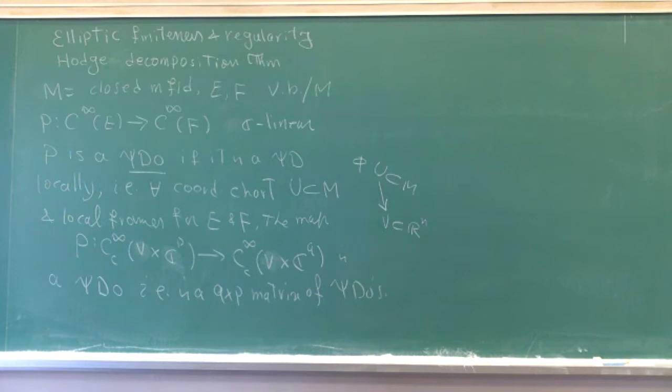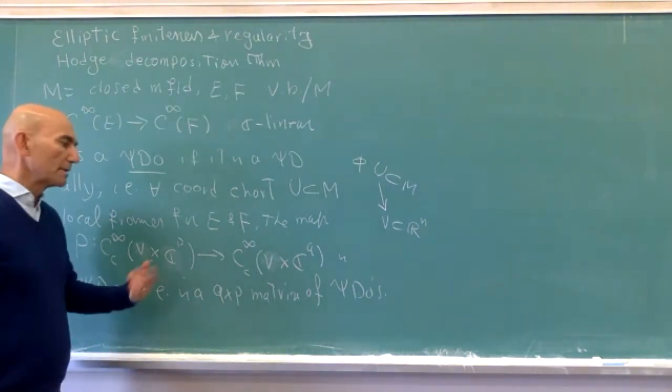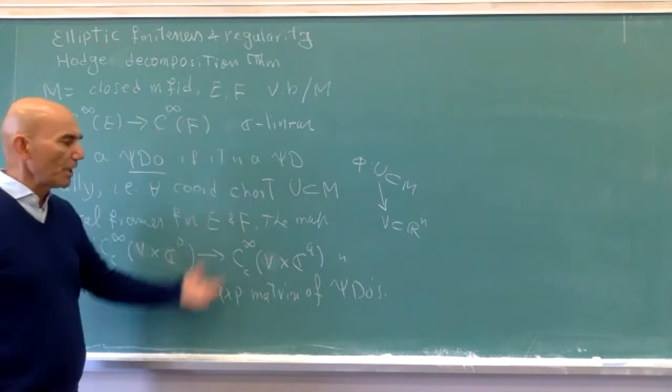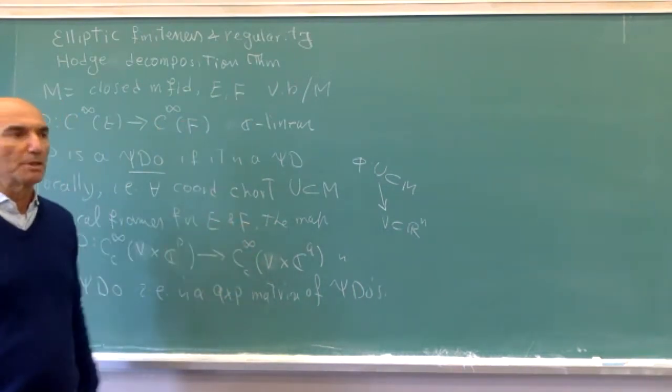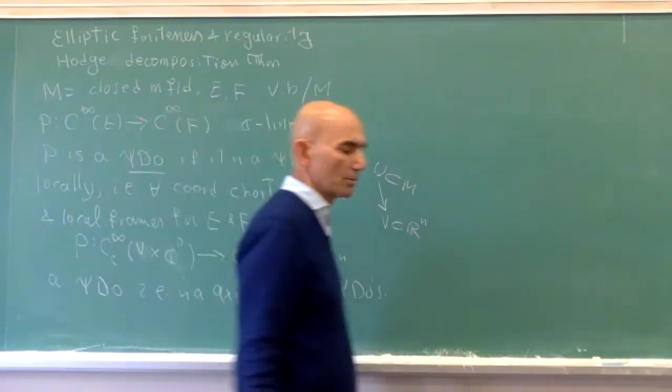I said for any coordinate chart. If you want to show that there exists an open cover in which it is pseudo, then you have to show that if it is pseudo in one coordinate chart, then it is pseudo in any other. That's not clear, that needs some work. But that is true. Formally, I don't need to use that result at least to prove this. That result may be needed for something else, but not right now.